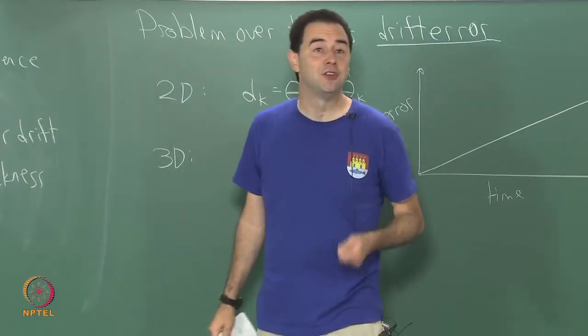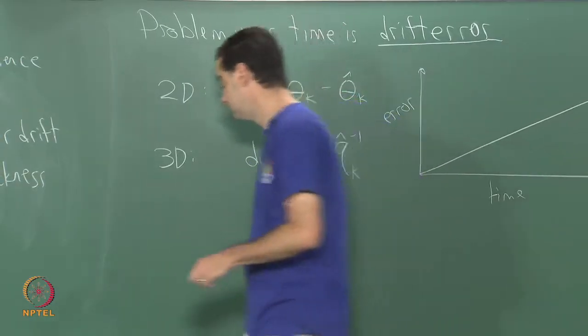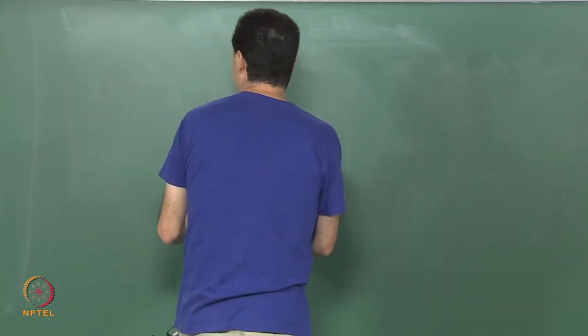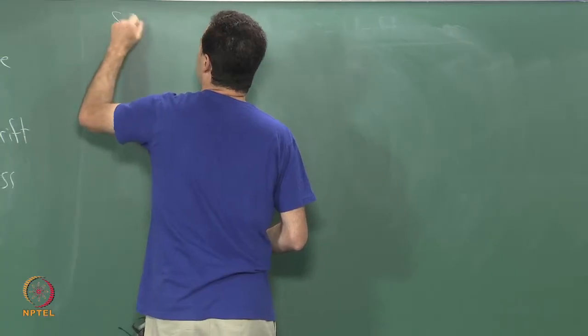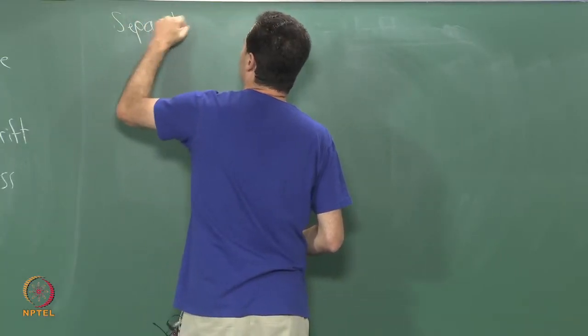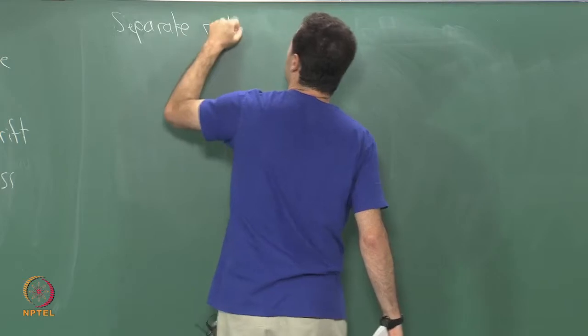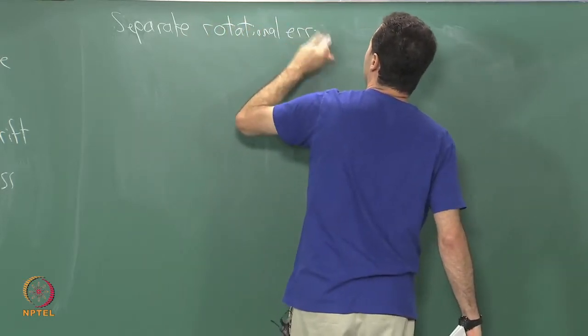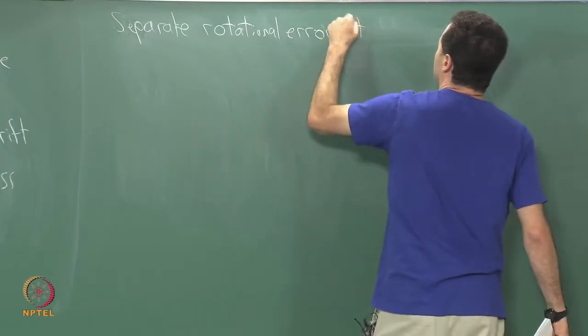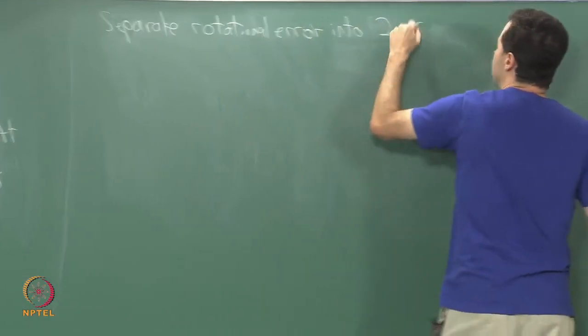So let me give you some of the technical details of how these corrections work. So we would like to divide the error up into two components. So separate rotational drift error into two components.